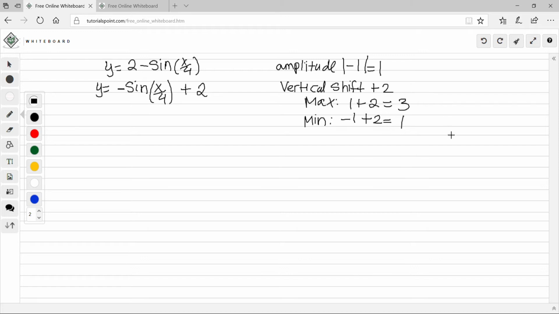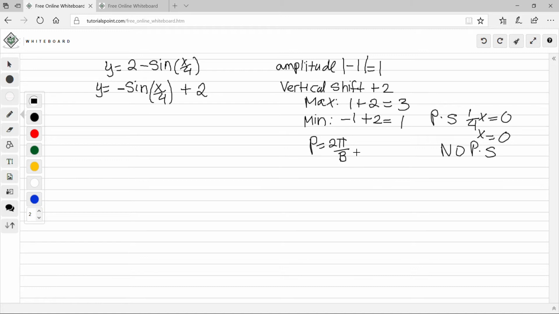Let's do the phase shift. So our phase shift is 1/4 x equals 0, and then x equals 0. So there's no phase shift. Okay, so what about our period? It is 2 pi over b.